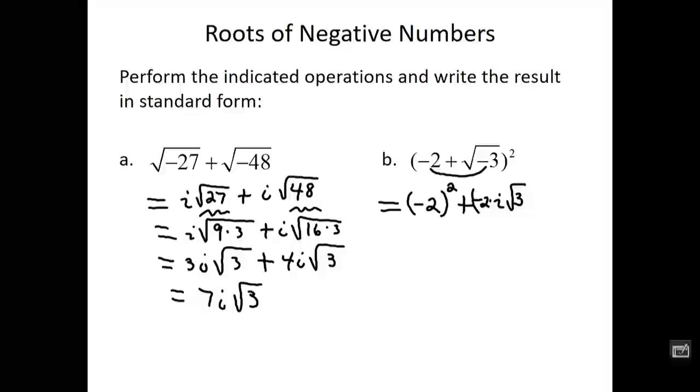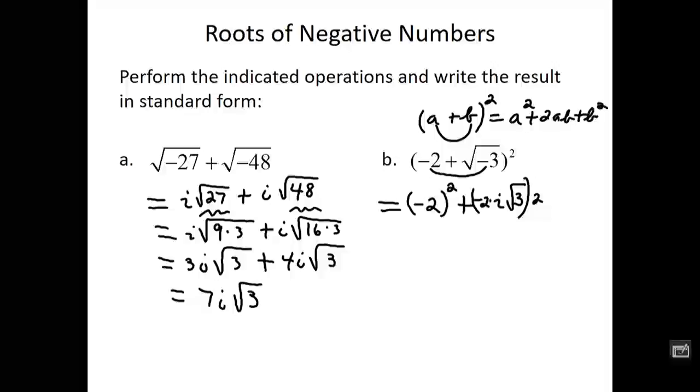So I need to now multiply this by 2. Because when you expand the binomial, let's say this had been A plus B squared, you're going to square the first term, that's A squared. You get a product of the two, AB, and then double that, multiply by 2, so that's 2AB, plus square the last term, B squared.